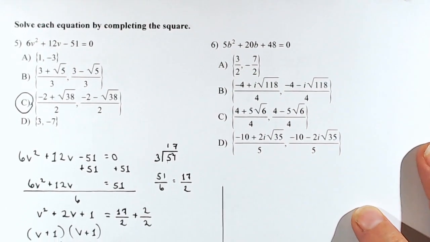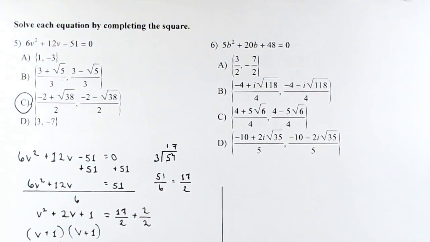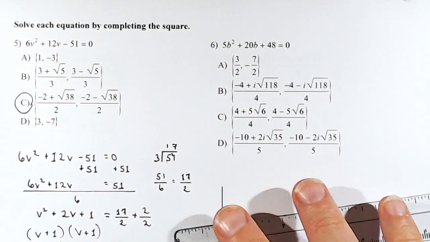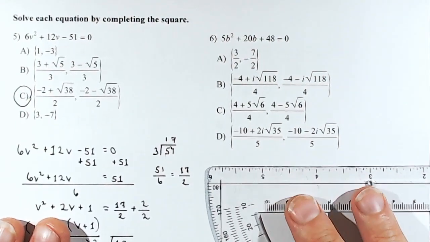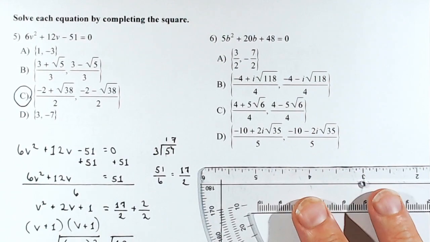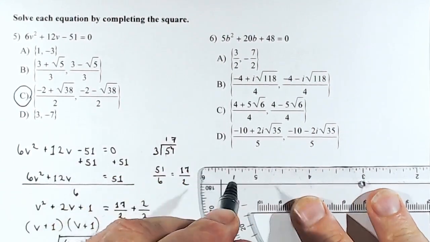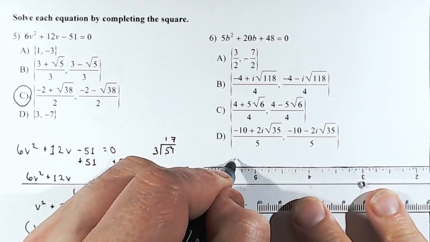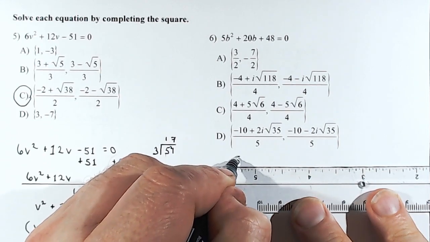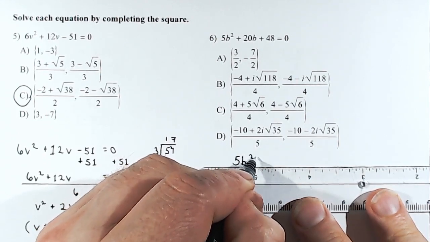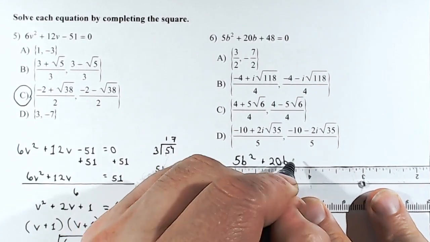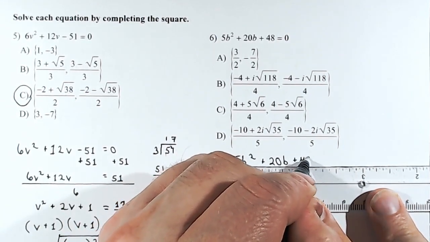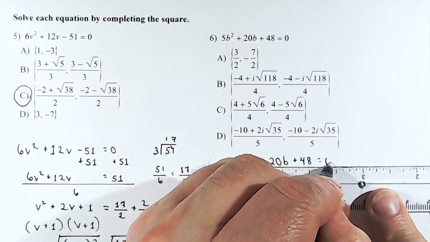Okay, give me just a moment to stack these papers a little bit. So in number 6, our task is to factor this quadratic, and we're going to do it by completing the square. So like I said, I'll try to do this right the first time, but no promises. I'll just write it again, 5b squared plus 20b plus 48 equals 0.